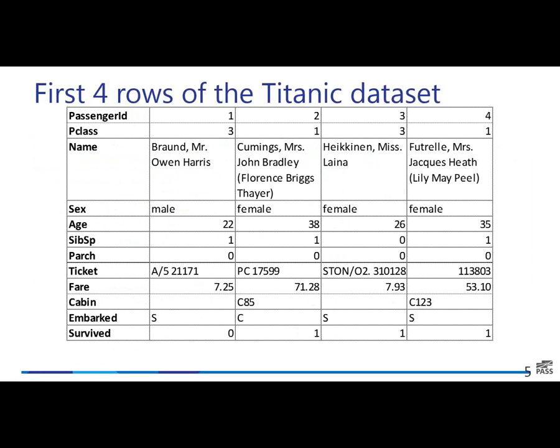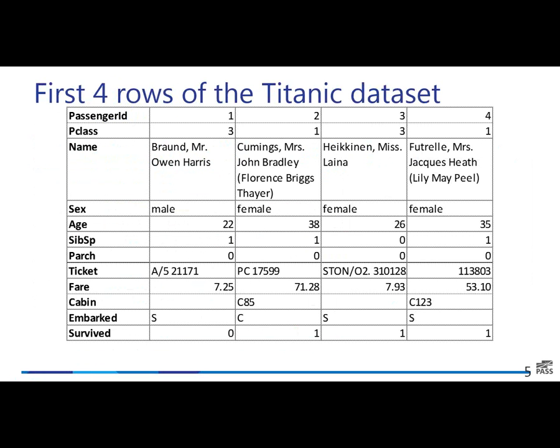Also, some of the names of the columns and the values I would like to change. For example, if we have a look at embarked, I'd like Southampton, Cherbourg, and Queenstown rather than S, C and Q. For survived, I would like died and survived rather than having to remember 0 and 1.